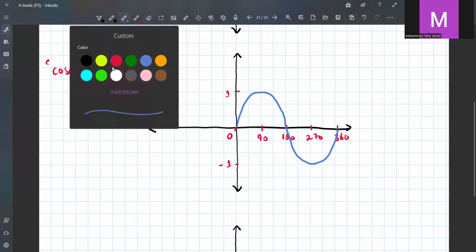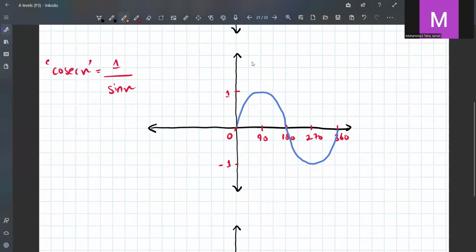So a cosec graph will look something like this, like this, and like this. A curve here and a curve there. This is what a cosec x graph looks like.